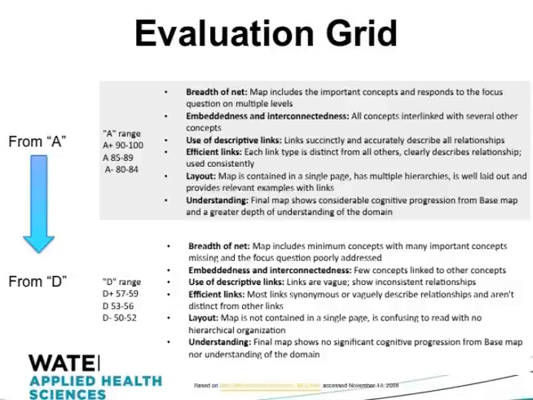So I did provide the students with this beforehand so that they were aware of how they were going to be marked and how their grades were going to be assigned. It actually didn't make a hill of beans difference when it came down to the maps. But I think when I was going back and explaining how I had marked them and what the students' mark was, it gave me a good fallback position.